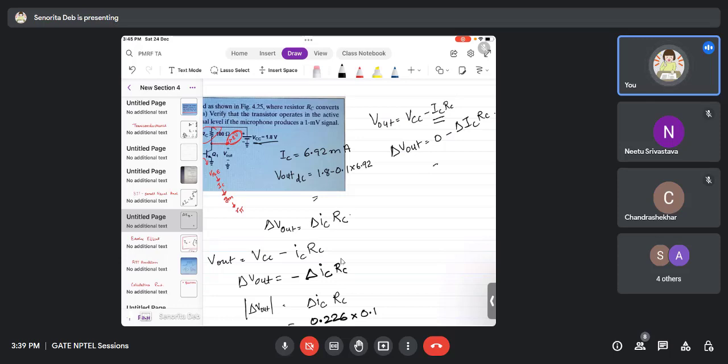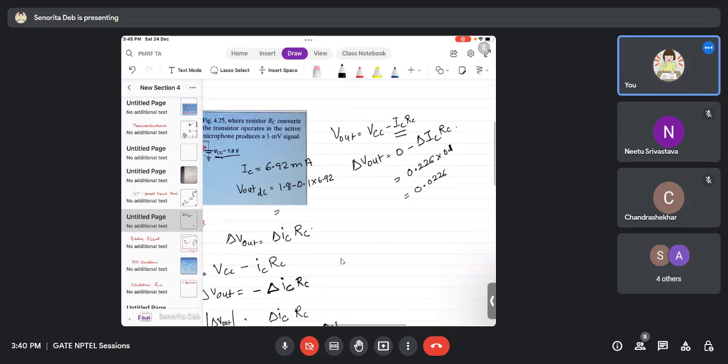Now delta IC we found to be 0.226 milliampere into 0.1 K, which is nothing but 22.6 millivolts. This is what delta V out will be.